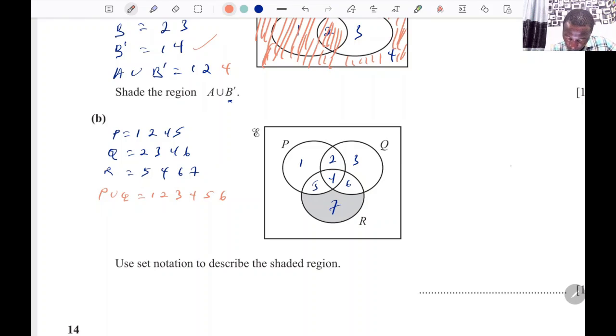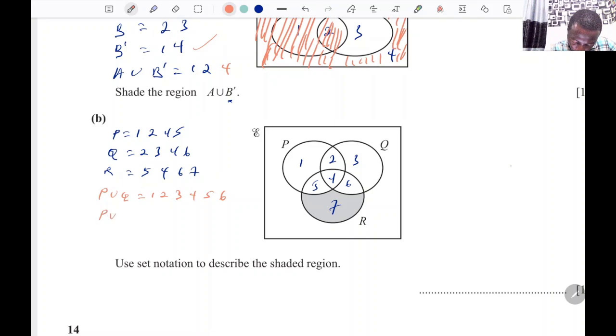I am going to look at this from that angle. Because it's not shaded, it's excluded. So for that particular part, we have gotten our union. Since it is not shaded, let me take the complement of that particular part.